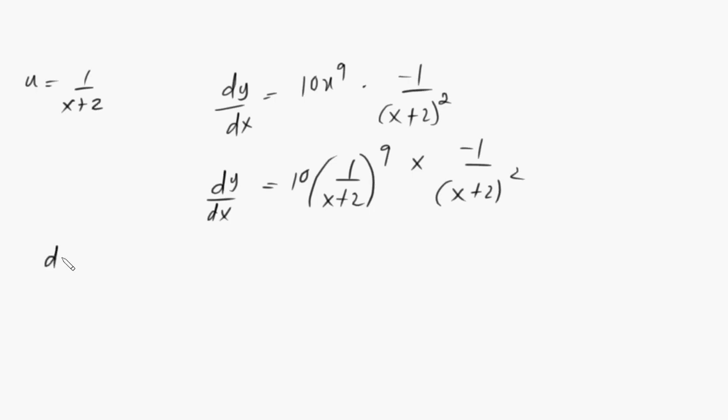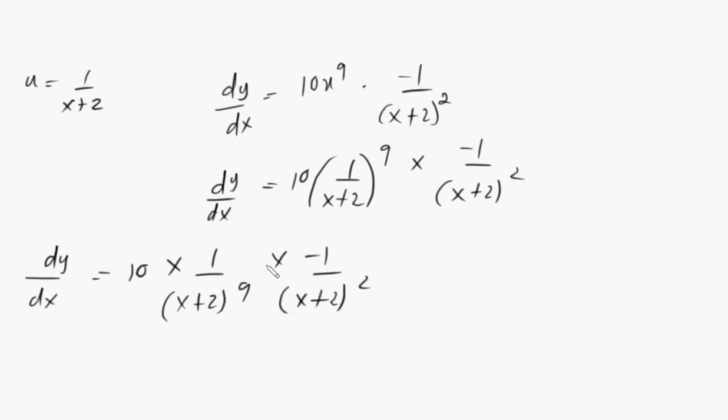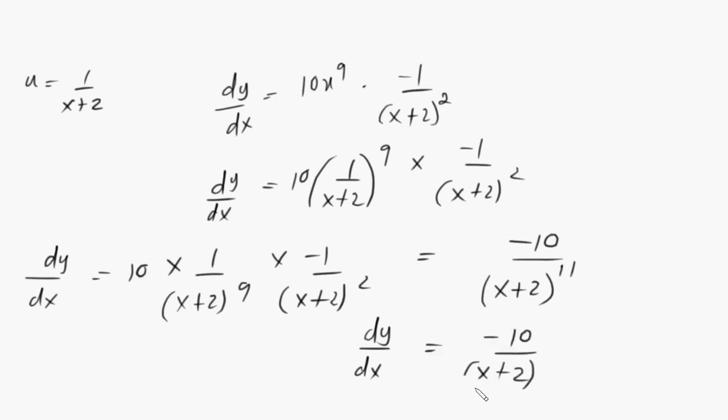So dy/dx is equal to 10 times 1 to the power 9, which is 1, over (x+2) to the power 9, times negative 1 over (x+2) squared. We have 10 times 1 is 10, and 10 times negative 1 is negative 10. Then this times this is x plus 2 to the power 9 plus 2, which is 11. So dy/dx is equal to negative 10 over (x+2) to the power 11.